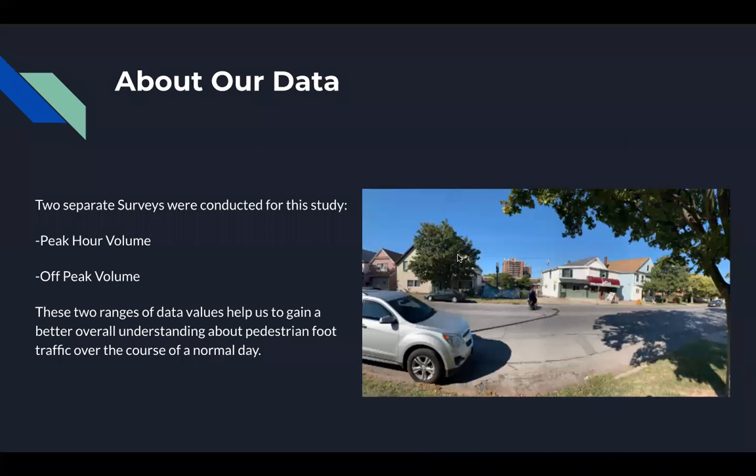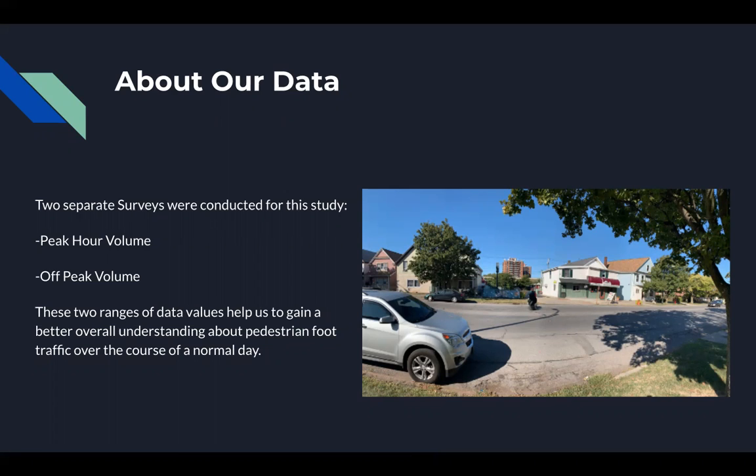Okay, so one thing that's really important to mention here is even though we used 20 locations throughout the project, we had to do two entirely separate surveys so that we could address both peak hour volume as well as off-peak hour volume for the pedestrian flow.